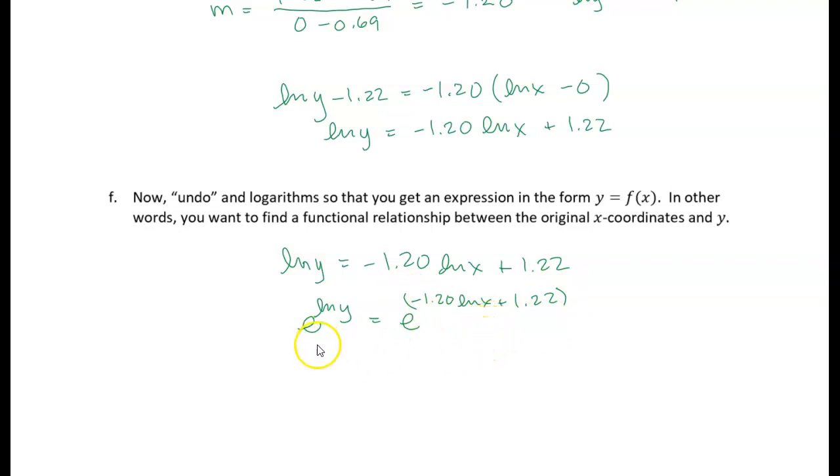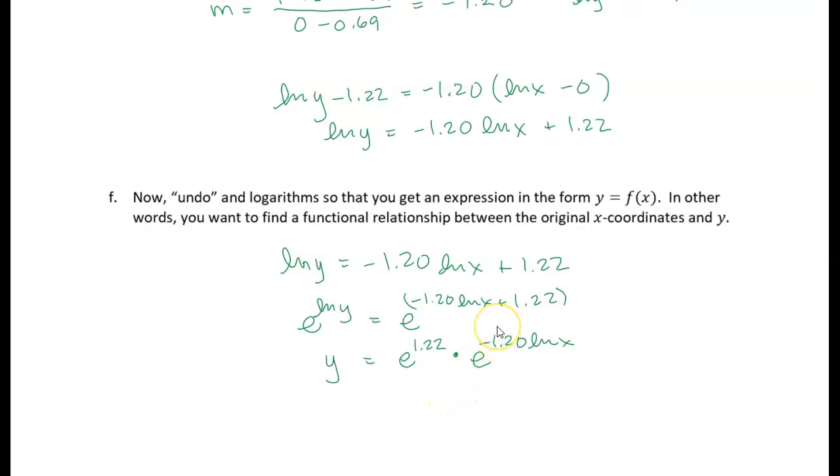Now e to the natural log of y is just y, and the exponent on e is a sum, so I can turn that into a product: e to the 1.22 times e to the minus 1.20 natural log of x.